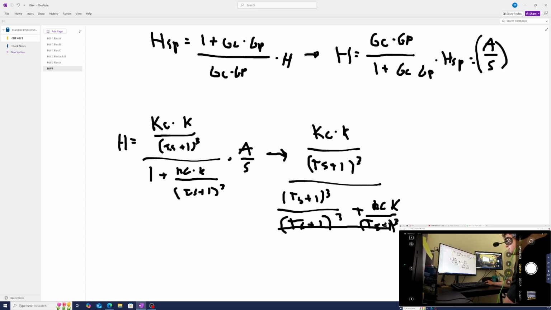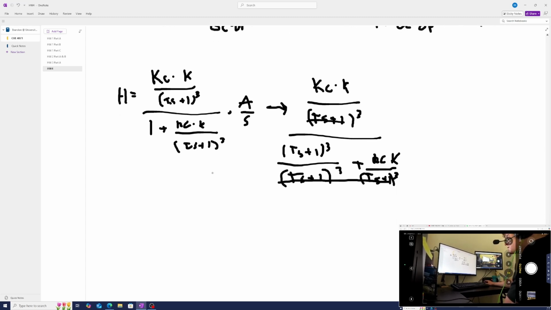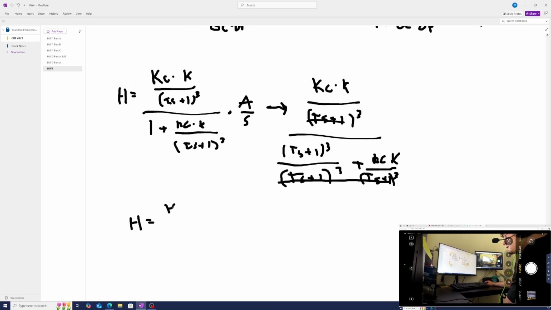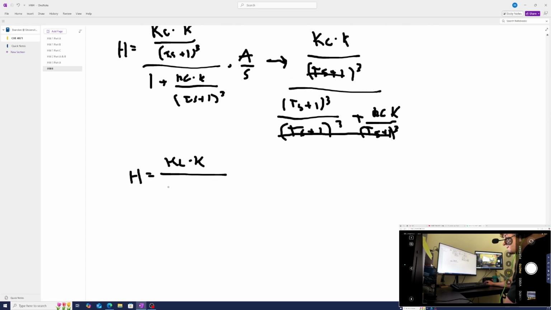Meaning all of these will get canceled out, leaving us with just H is equal to KCK over tau S plus 1 cubed plus KCK times A over S.